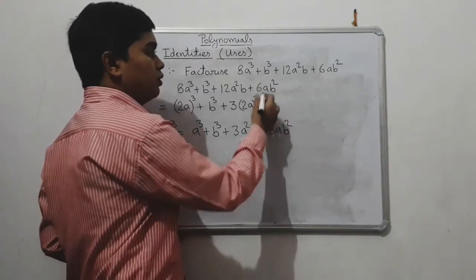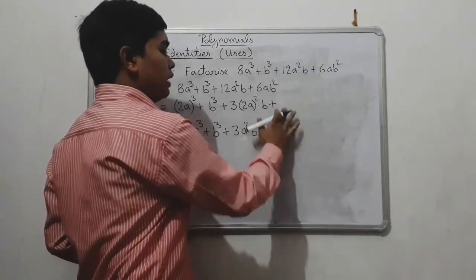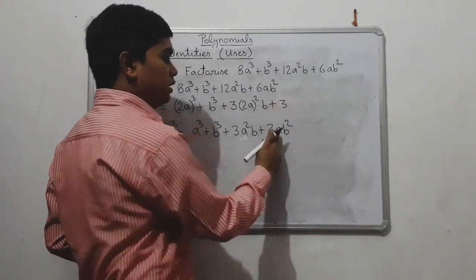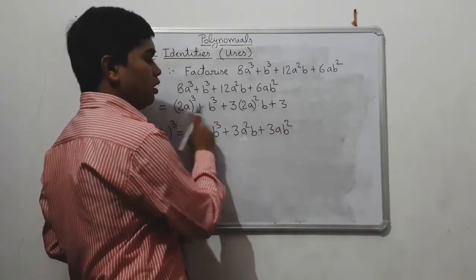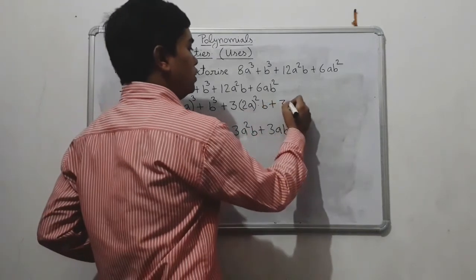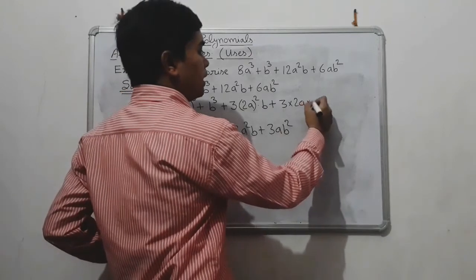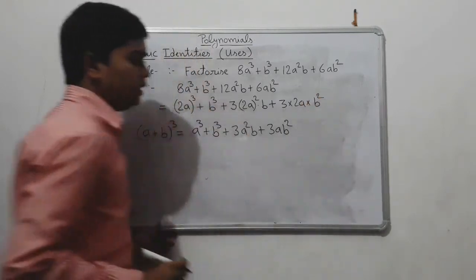Then plus 3 and then a, so in the place of a you have 2a, so into 2a you will write, and here you have b square, so in the place of b we have b, so we will write b square.